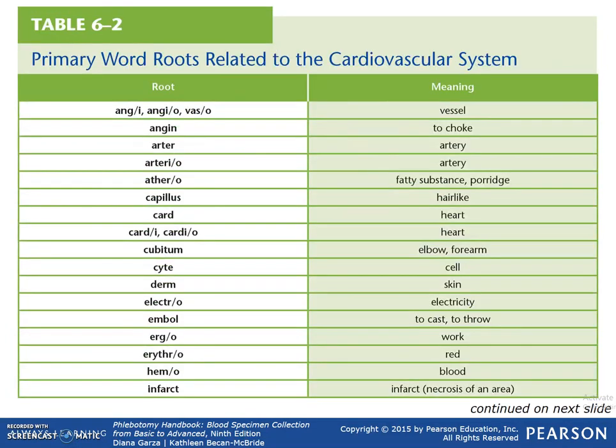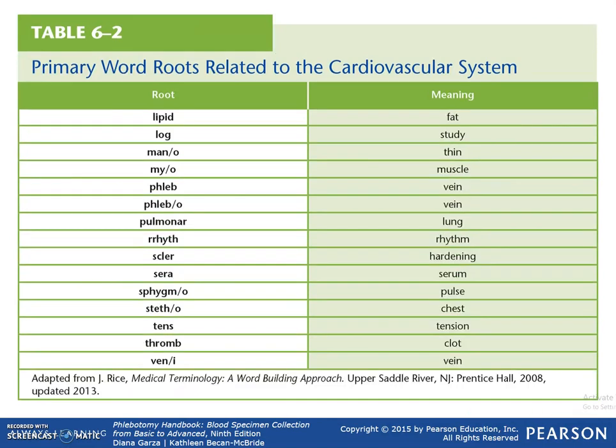Primary word roots related to the cardiovascular system. These are some common word roots that we will see. I will have you review this on your own in table 6.2. We'll focus on phleb and phlebo, both meaning vein; thromb, which is a clot; and vein, which is vein as well.